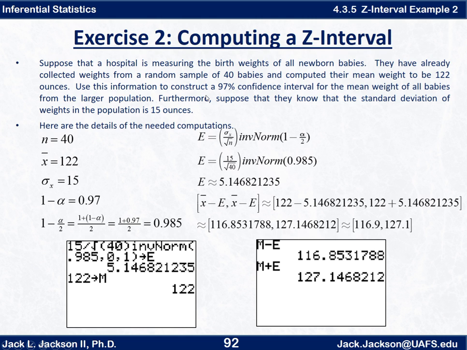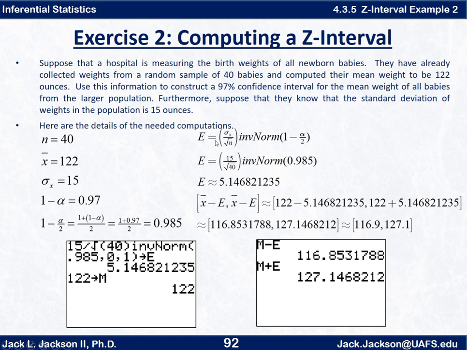And we're doing a 97% confidence interval, so 1 minus alpha is 0.97. We need to find 1 minus alpha over 2. Now the easiest way to do that is just add 1 to the confidence level. So it's just going to change that 0 placeholder into a 1. So it's 1.97 and divide by 2. And you get 0.985. That's the easiest way to get 1 minus alpha over 2.